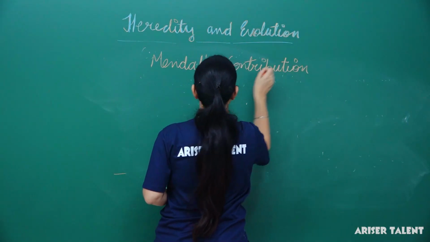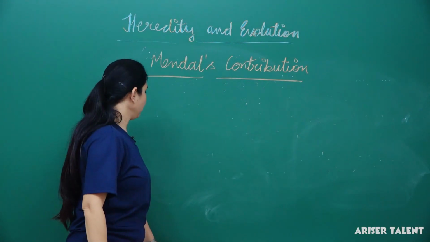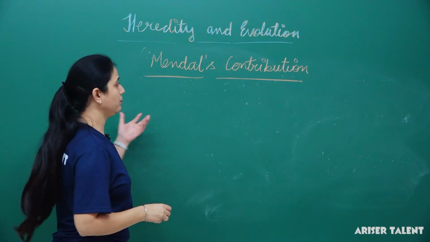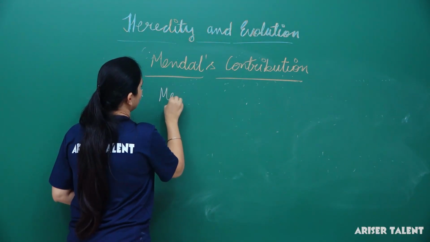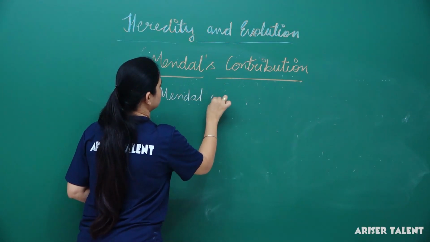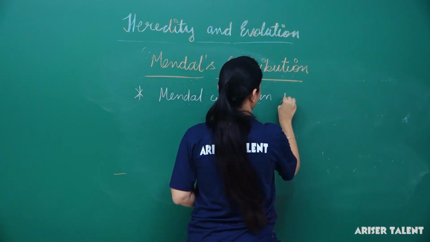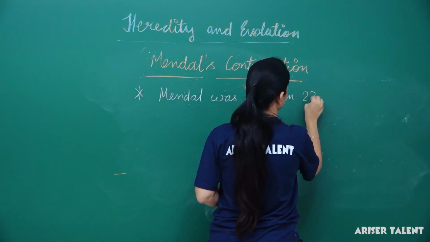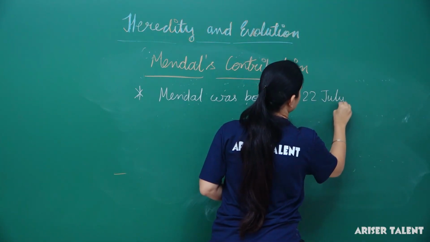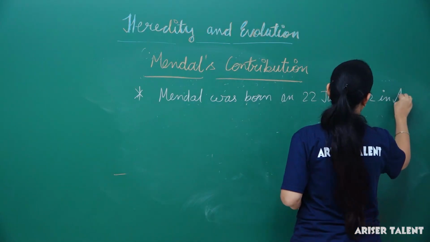First of all, I would like to give you a general introduction about Mendel, that he was born on 22nd July 1822 in Austria.